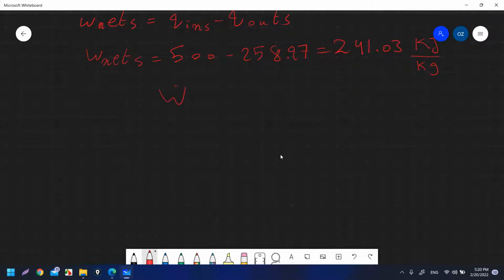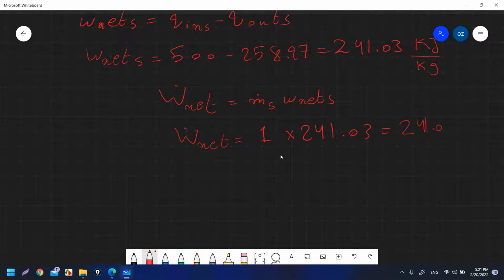So W dot net will equal m dot s times W net S. Usually in the question, when you have an actual cycle, you will not assume it is ideal, so you will not put S or A. You can use it with both. So this one is 1 times 241.03, and will give you also 241.03. But this one is in kilojoule per second.